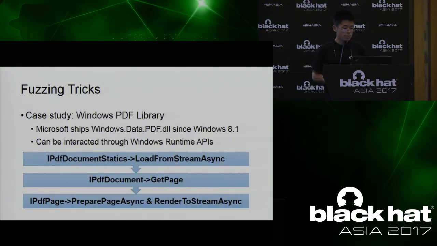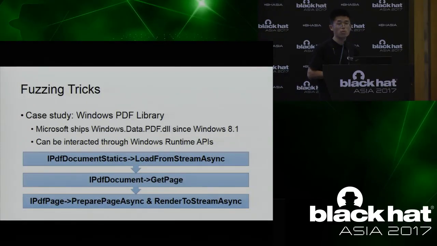So let's take the Windows PDF library as an example. Windows.data.pdf.dll is a core module of this library. Microsoft ships it since Windows 8.1, and the library can be interacted with through Windows Runtime APIs.